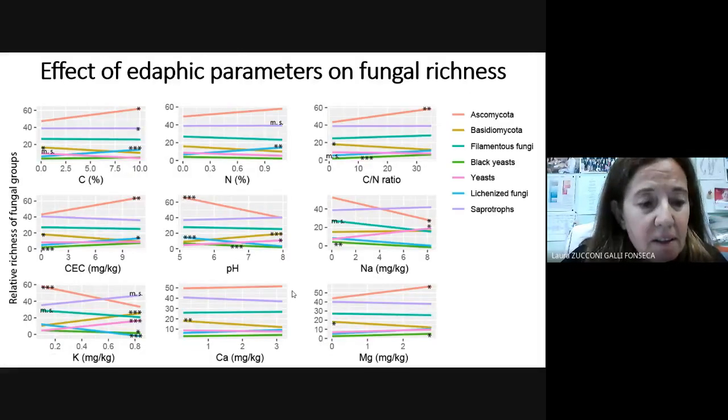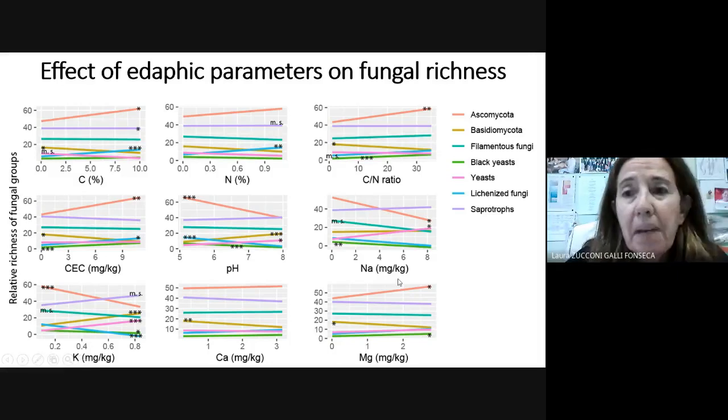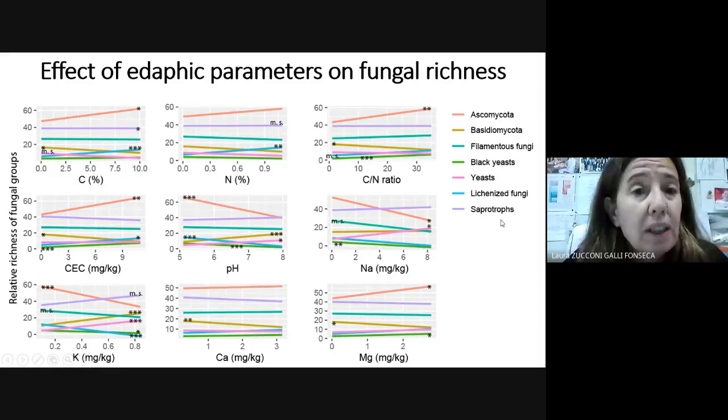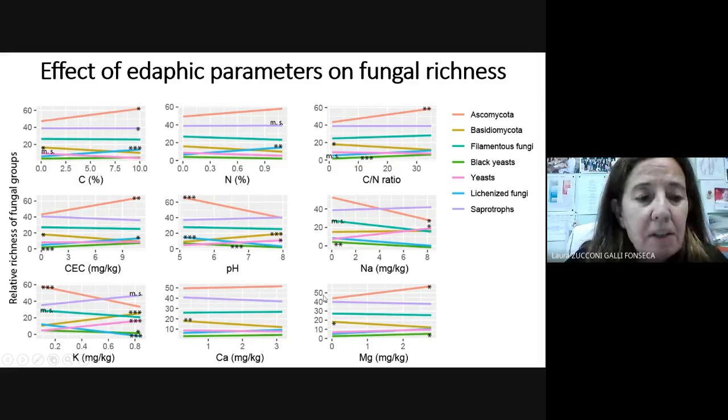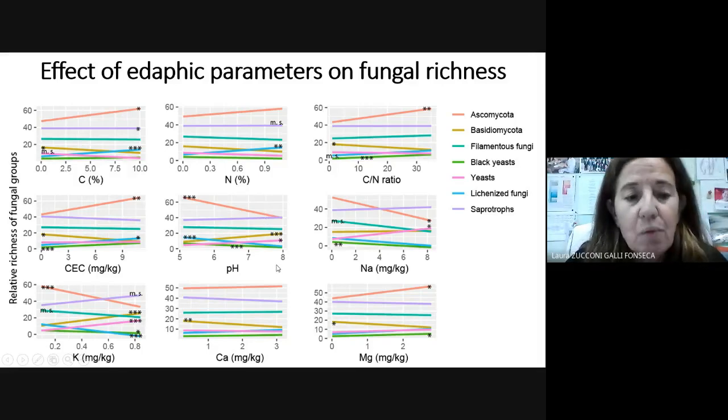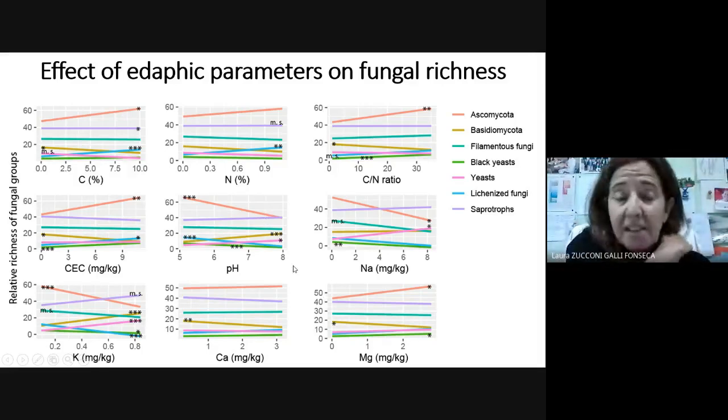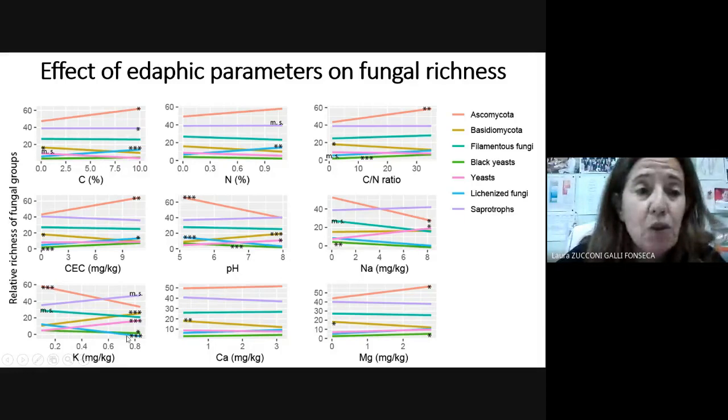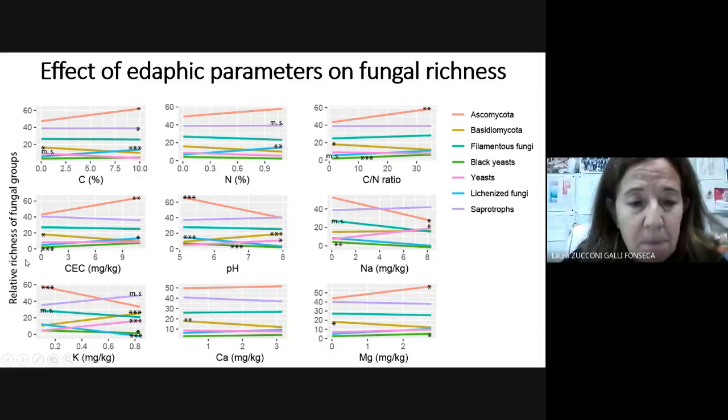We correlated abundance and richness of the main phyla, of the growth forms and of the functional guilds with the physicochemical soil parameters. And all parameters have a greater effect on richness than abundance. And this is the reason why I'm showing you only the data concerning the richness of these groups.